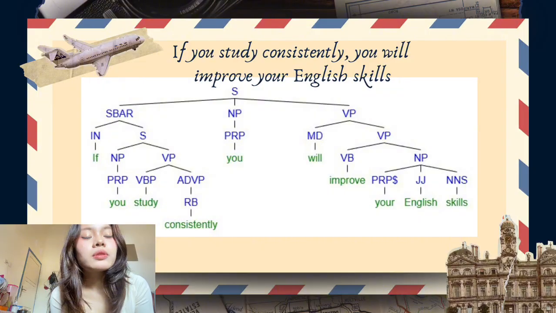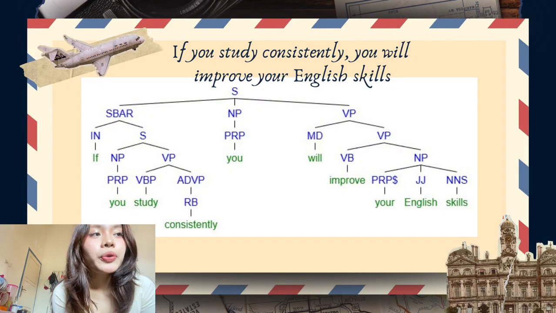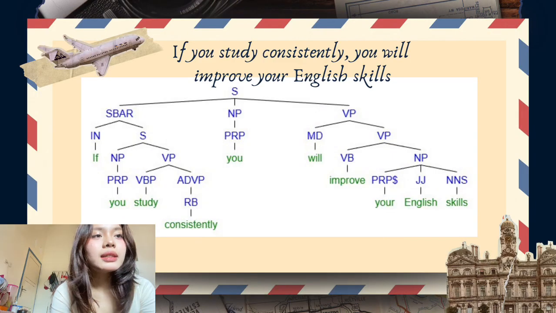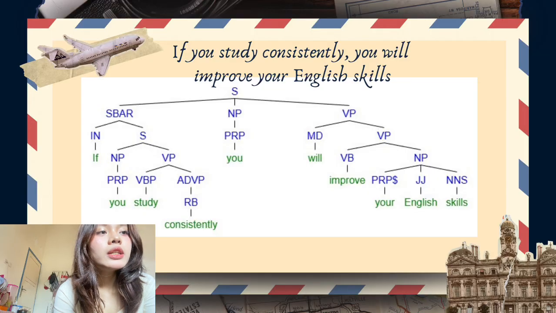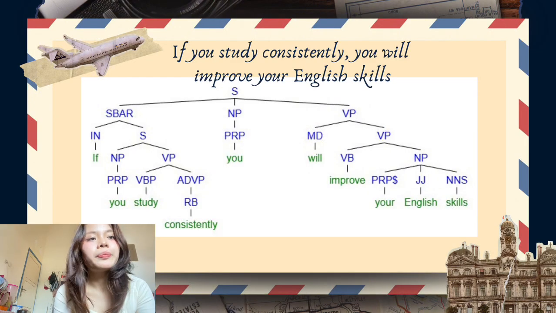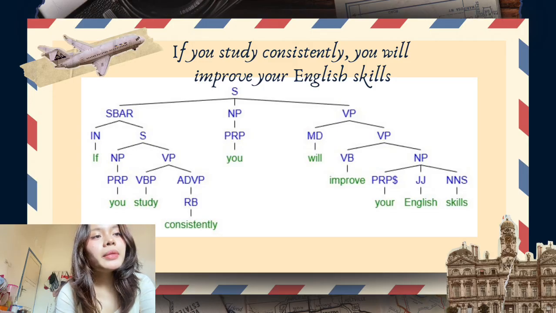And the main clause is you will improve your English skill. This is a conditional clause because it expresses a condition that must be fulfilled for the result to occur. The meaning of the main clause depends logically on the subordinate clause.